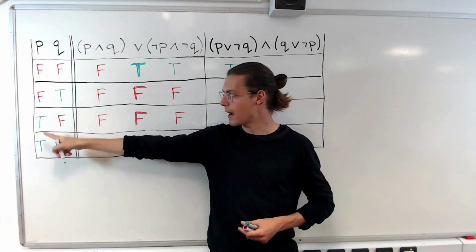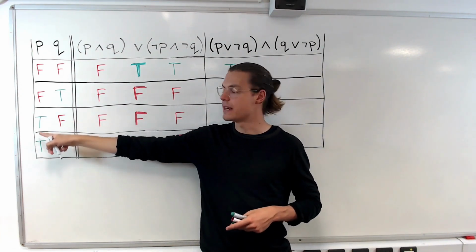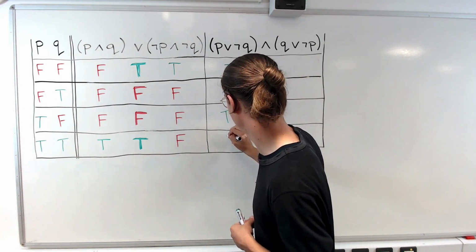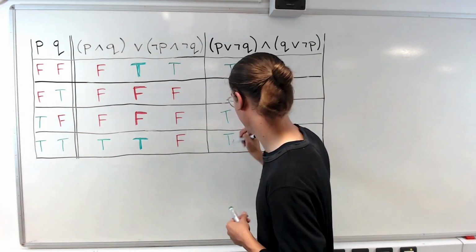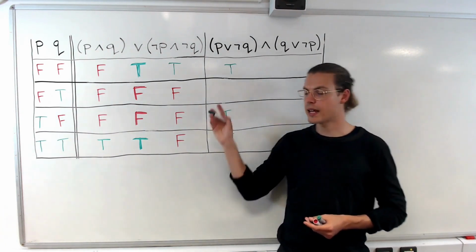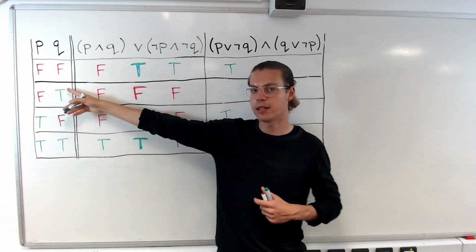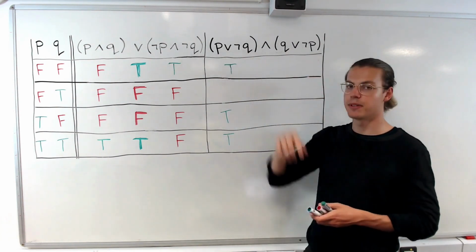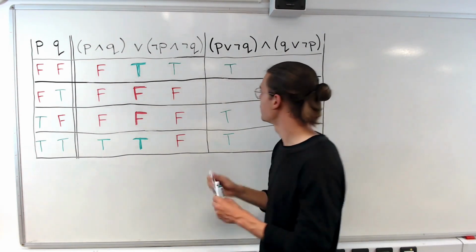In the third row and the fourth row, P is true. In the second row, however, P is false and Q is true, and so this statement will be false.